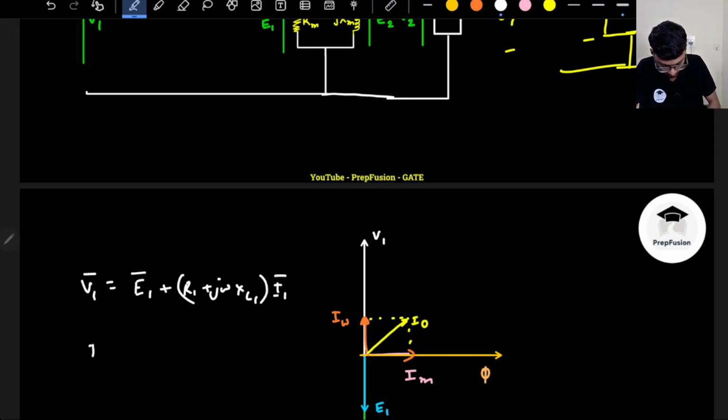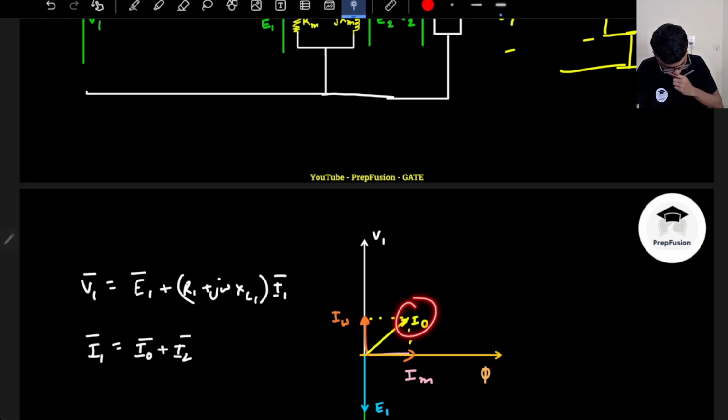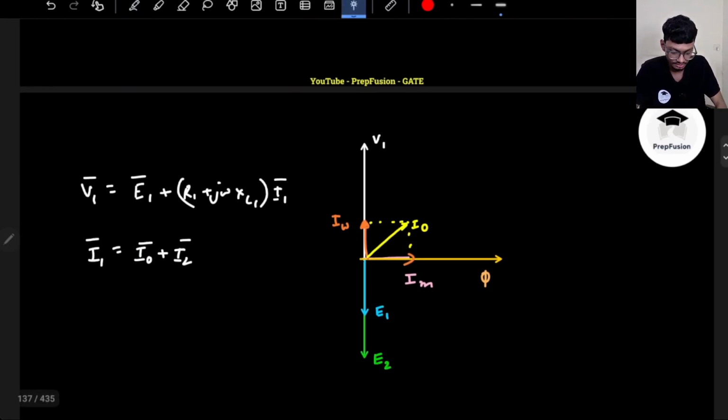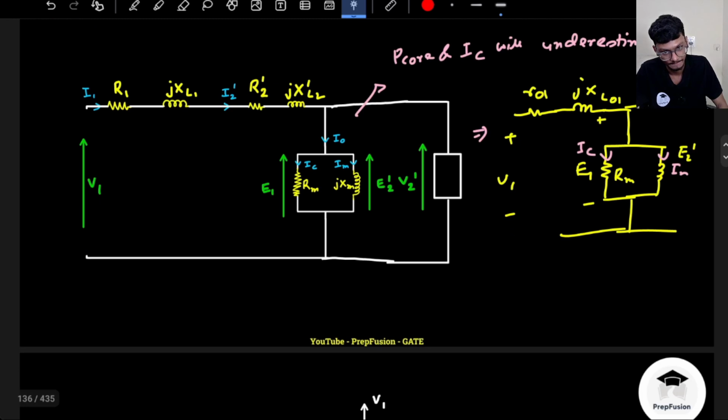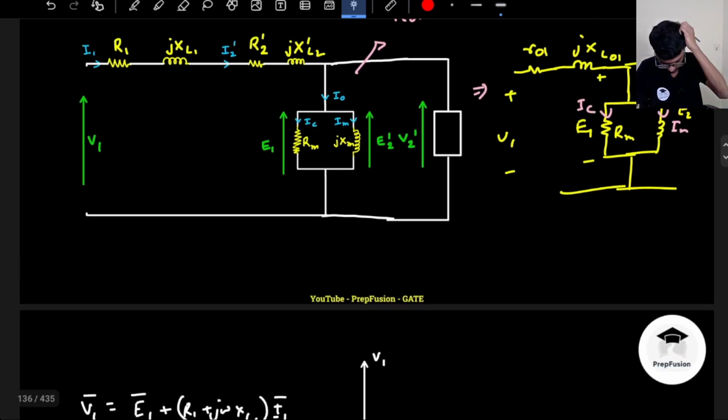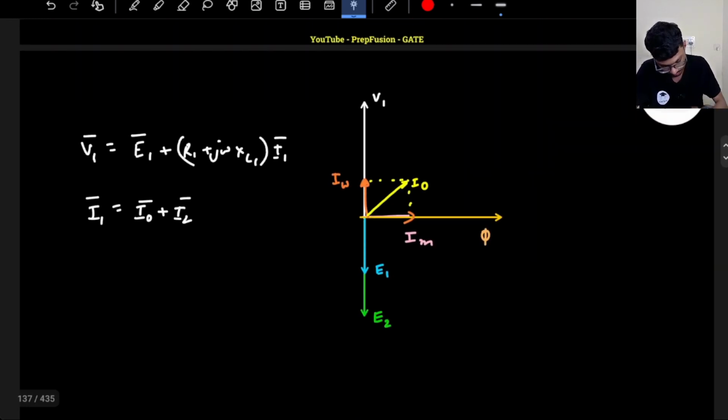What is I1? Phasor I1 is equal to IO plus I2 dash. Correct? So IO is here. What is I2 dash? Let's assume for a second that our load is lagging. Then let's assume my V2 will be somewhere here.